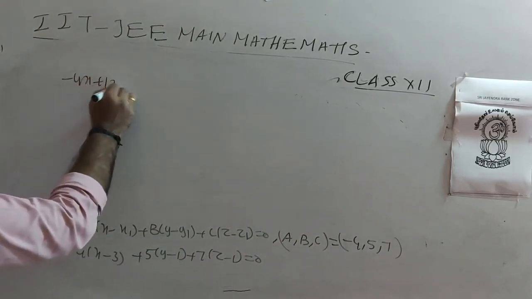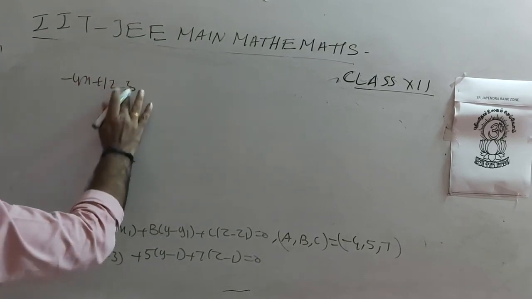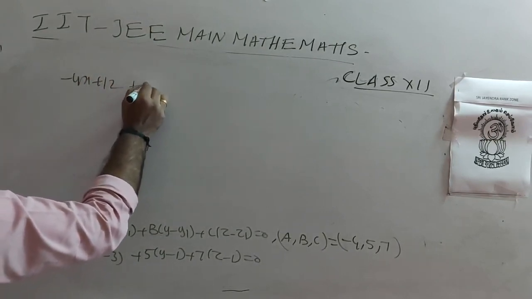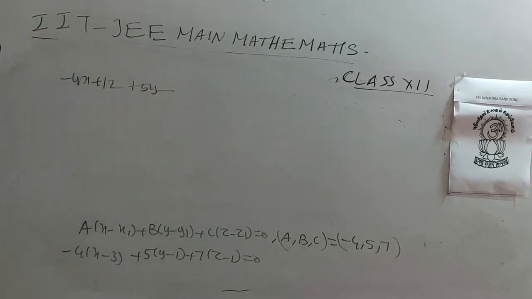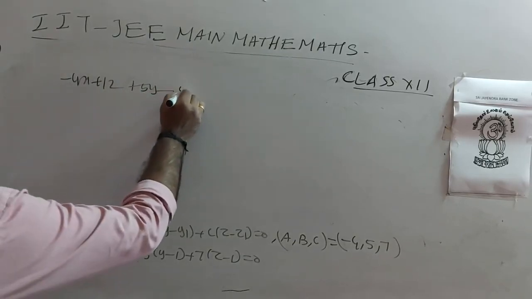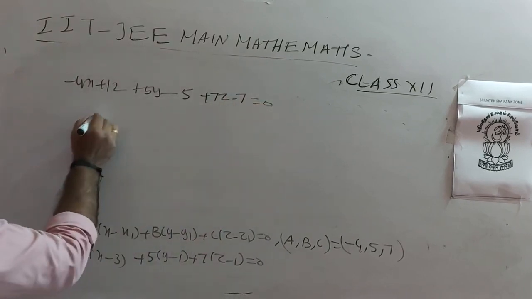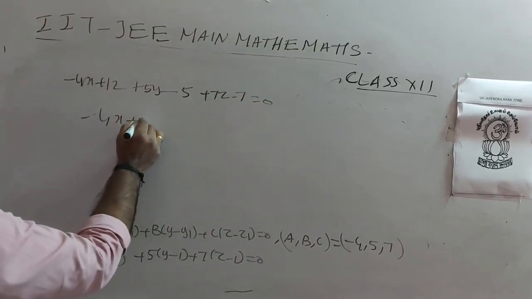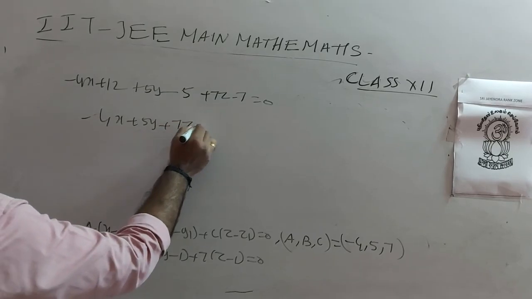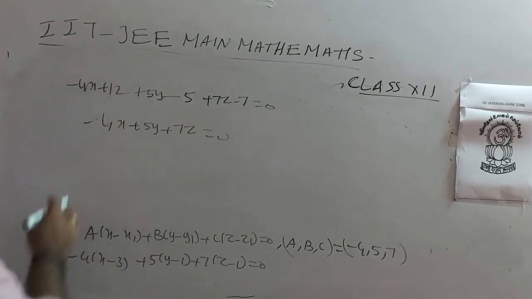Minus 4x plus 12 plus 5y minus 5 plus 7z minus 7 equal to 0. Minus 4x plus 5y plus 7z minus 12 plus 12 equal to 0.